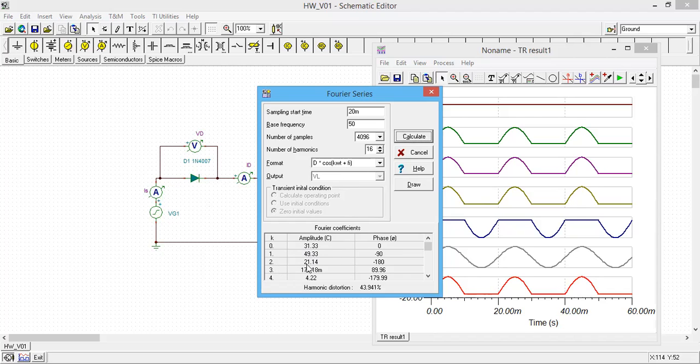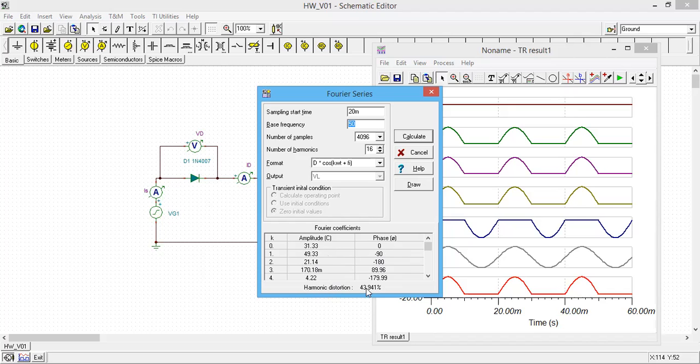The second harmonic is 21.14, which is 100 hertz. This is 0 hertz, this is 50 hertz, and this is 100 hertz. These are multiples of the 50 hertz base frequency: 0, 50, 100, 150. And the phase angle, don't worry about that, we are not interested in the phase angle. These are the amplitudes of each harmonic.